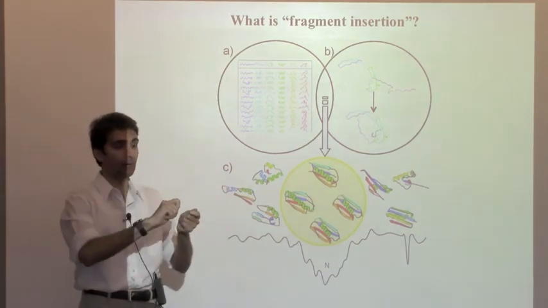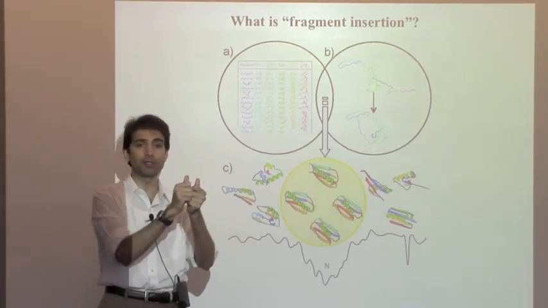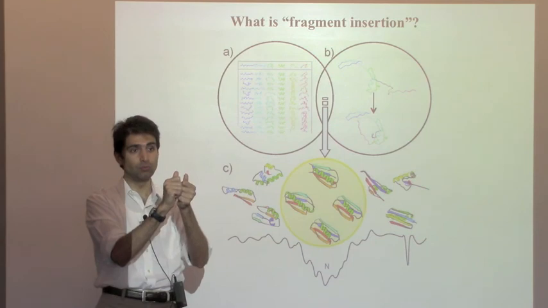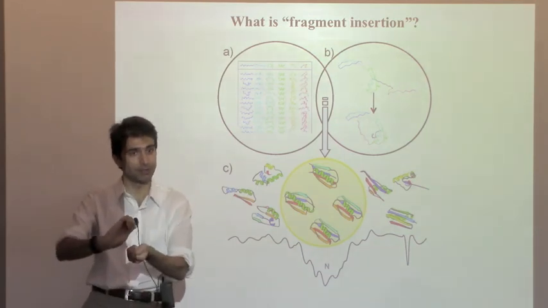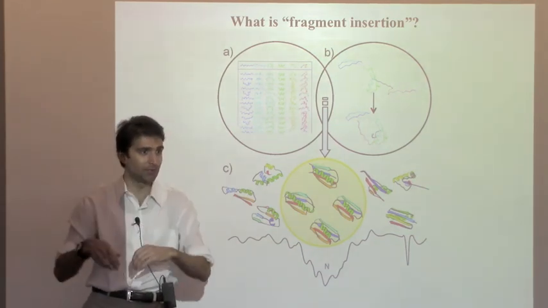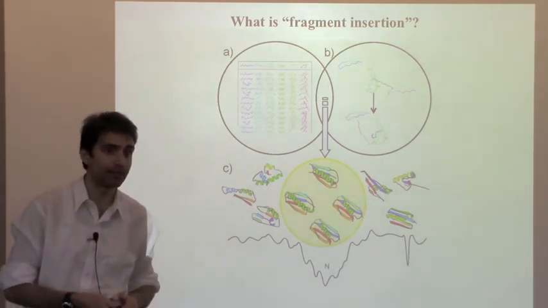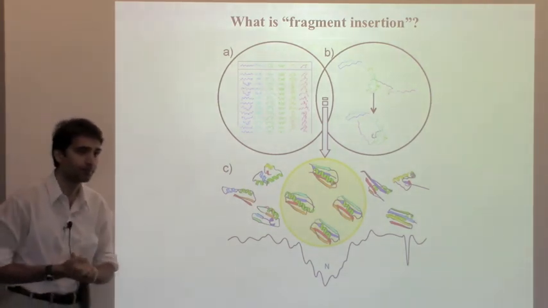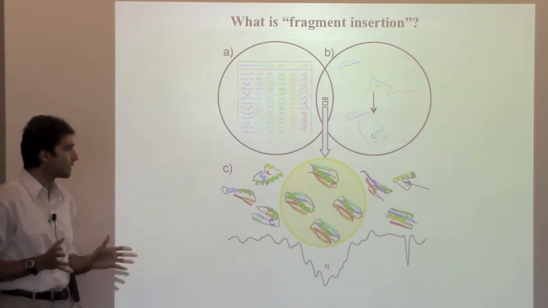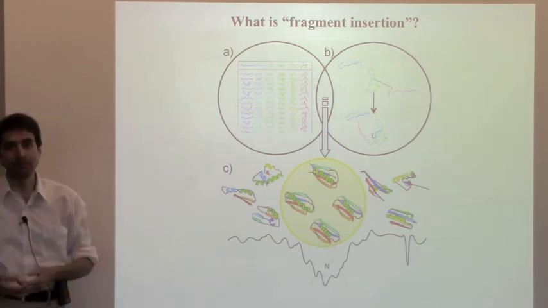So you set a chunk to be like a known structure, and then you set another chunk to be like a known structure, and then another. And at every move, you can accept or reject that move based on what it does to the energy. That's the basic idea. There are complexities that I'm not going to talk about.